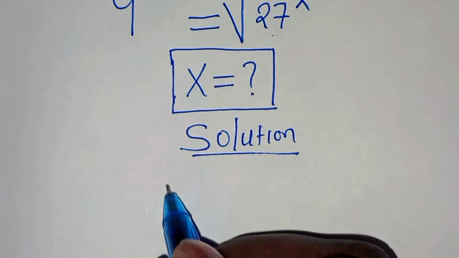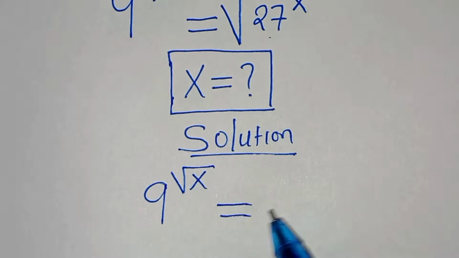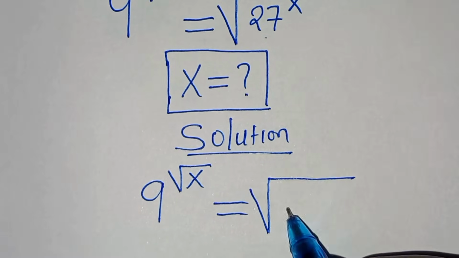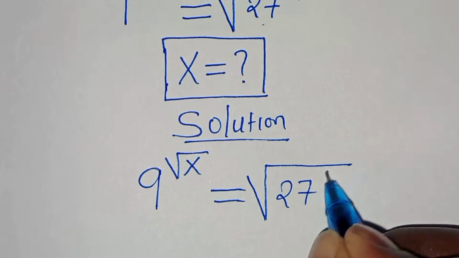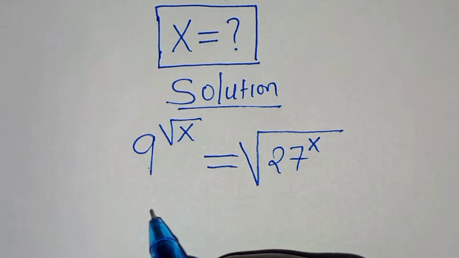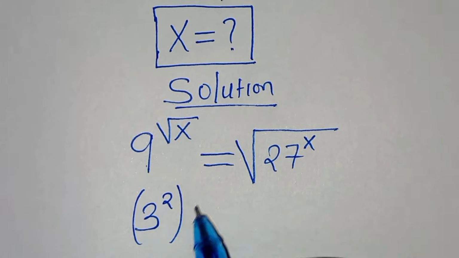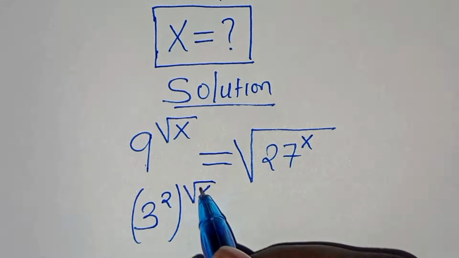We have 9 to the power of square root of x, equal to square root of 27 raised to the power of x. Now, we can express 9 as 3 to the power of 2, then raised to the power of square root of x.